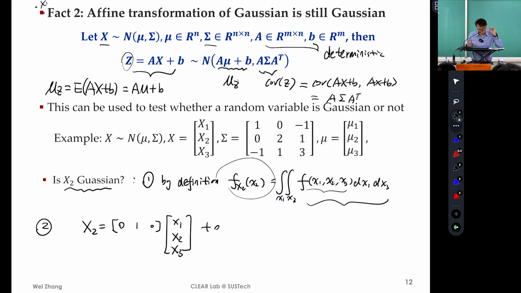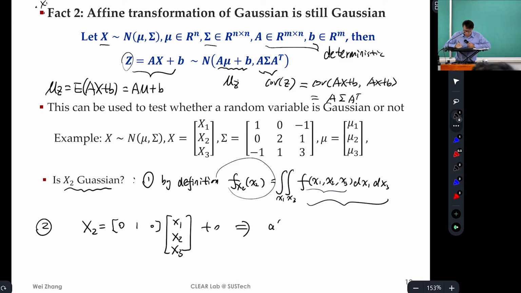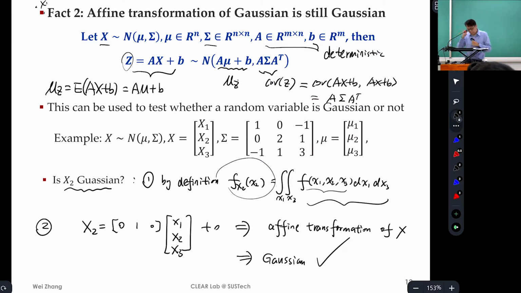So it is a linear function of X, and X is Gaussian, so X2 is Gaussian. I don't need to do the integration. I can use the fact to directly claim this is an affine transformation of X, so Gaussian. We're done.